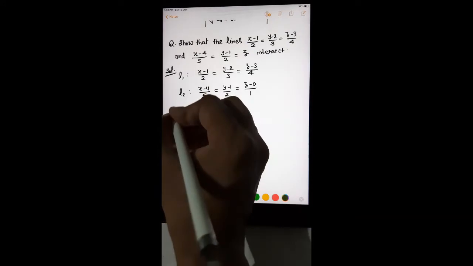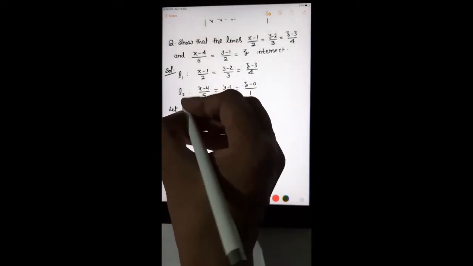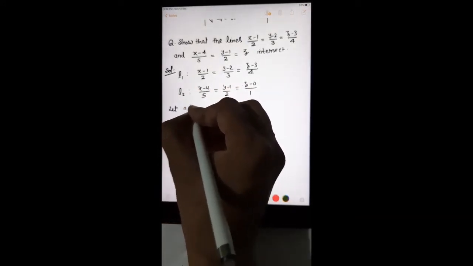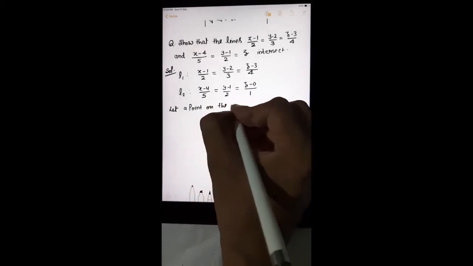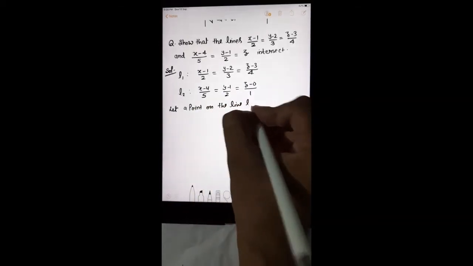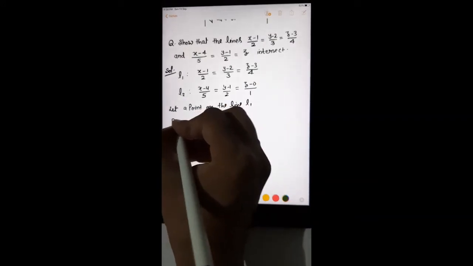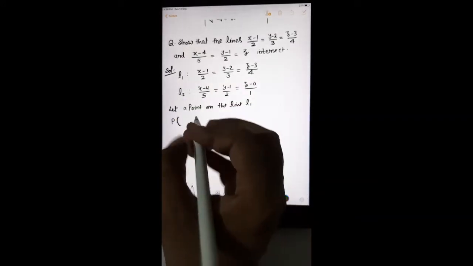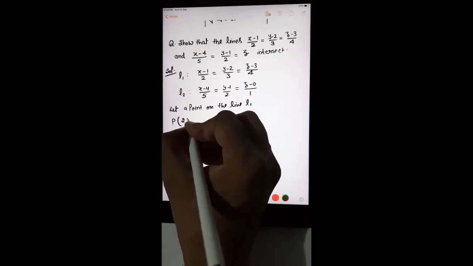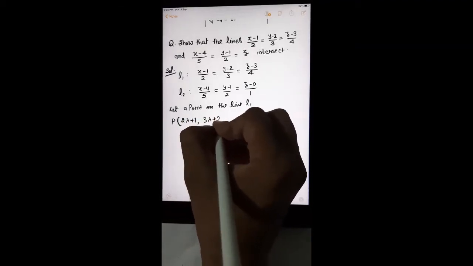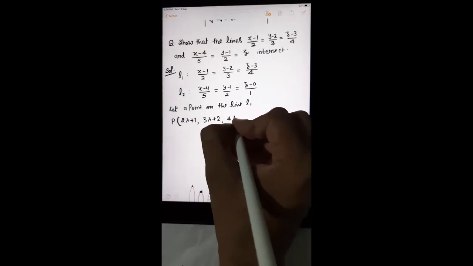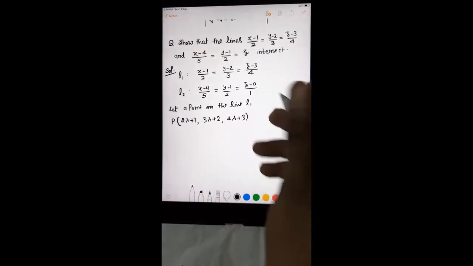So let a point on the line L1 be P, then the general point will be (2 lambda plus 1, 3 lambda plus 2, 4 lambda plus 3).